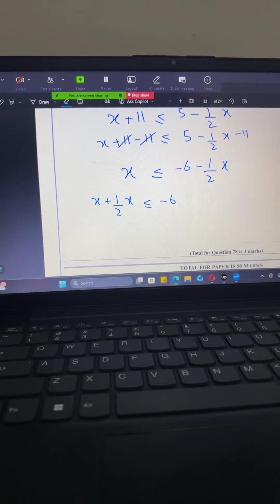And can you add x plus 1 over 2x? If we take x as common, it is just 1 plus 1 over 2, right?